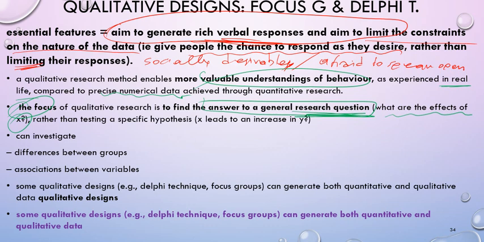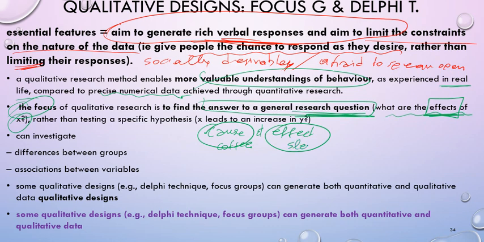The hypothesis in the experiment is trying to find a cause and effect, not just the effect. So, because X exists, the Y will increase. Because the coffee exists, my sleeplessness will be there.